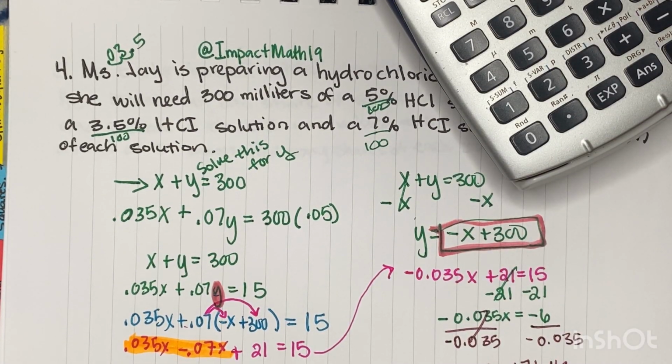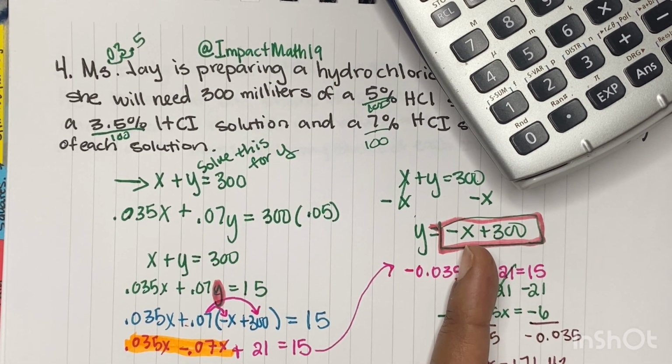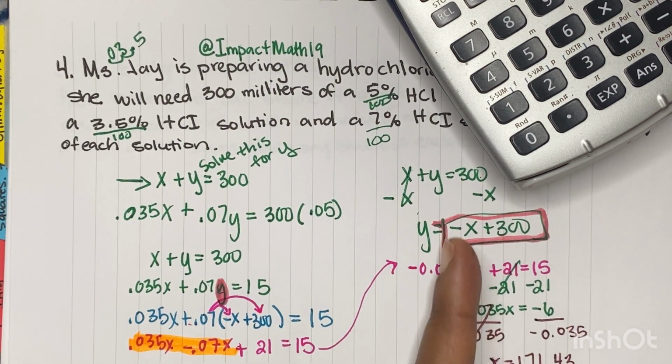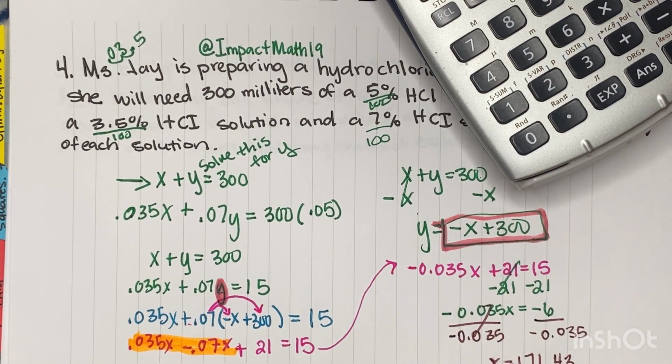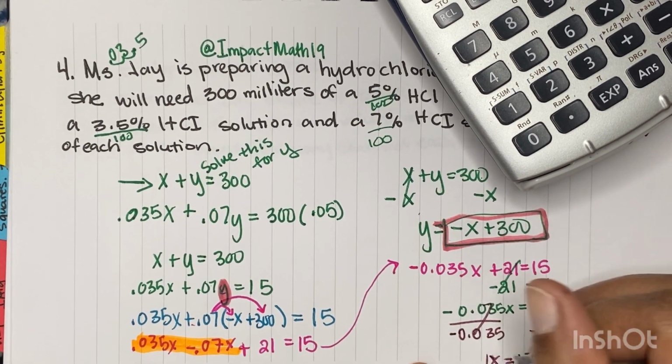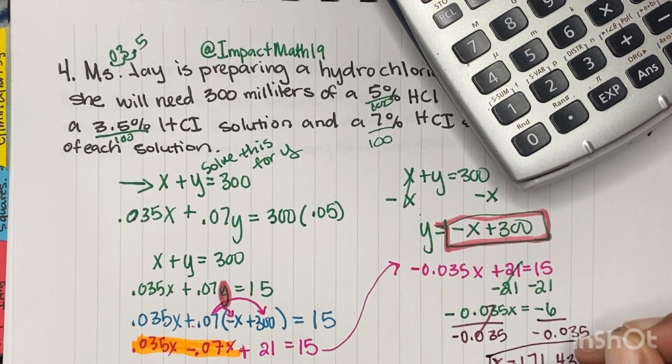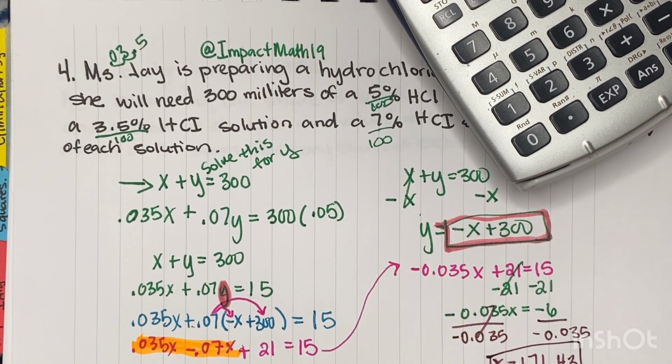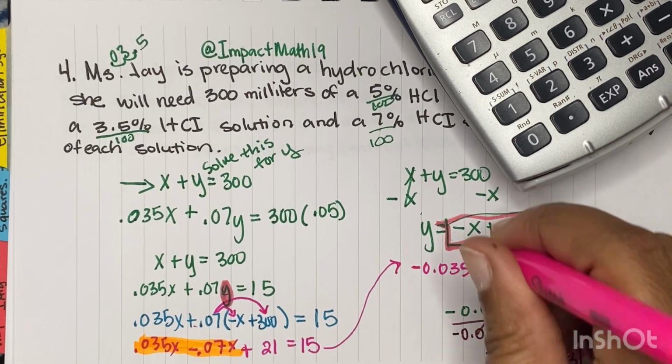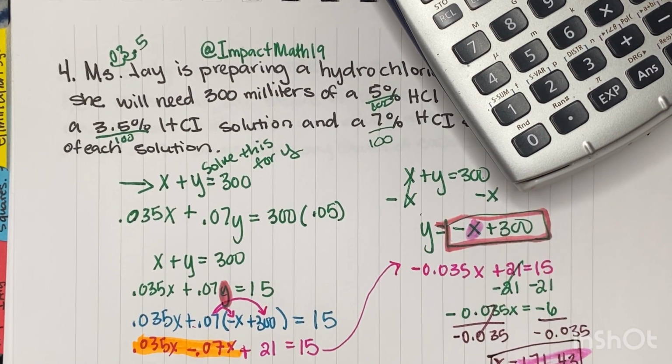All right. So now we can plug this in to here and then solve for our y. Okay. So we're going to plug this in. So let's highlight it. Let me show you. This is going to go in place of this x right here.